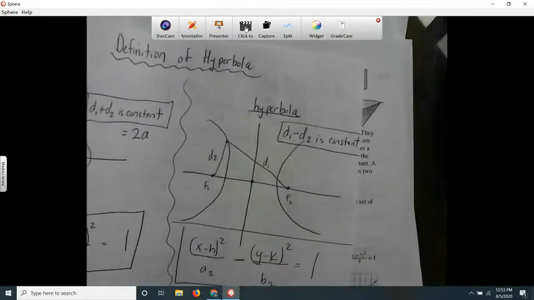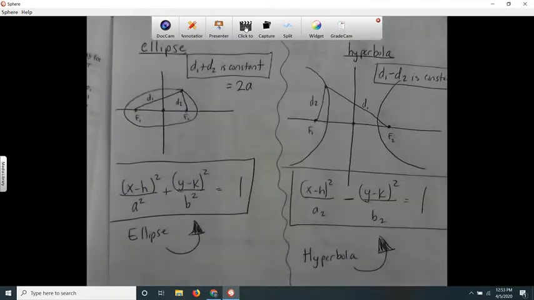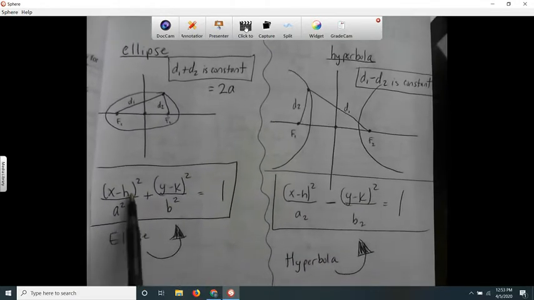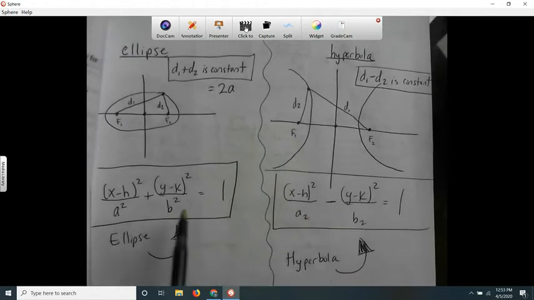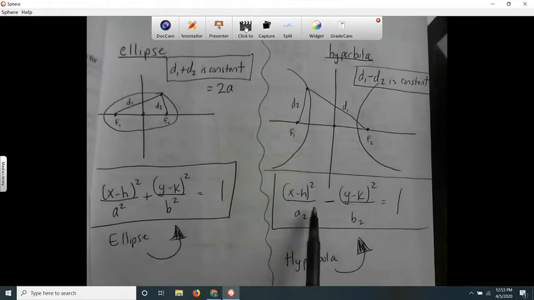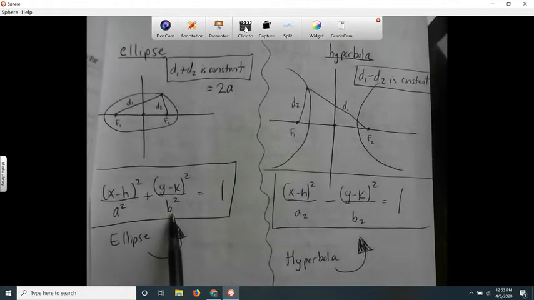Well, it turns out that, and here's the equation of the ellipse. See the difference between the equations? There's no difference at all, except that the hyperbola has a minus sign and the ellipse has a plus sign.